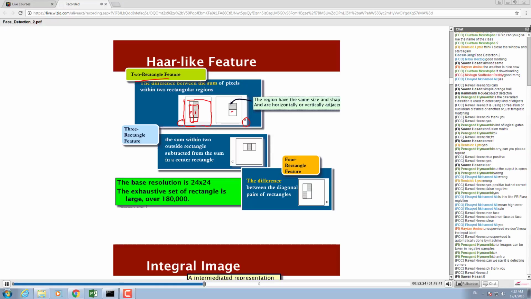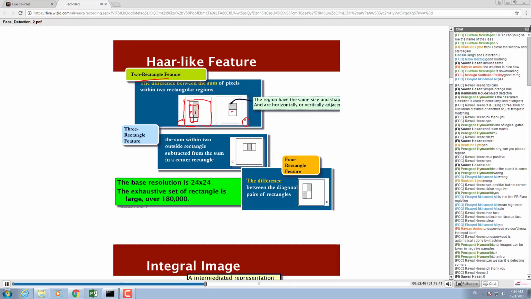The sum of the white region may have a large value, and the sum of the black region may also have a large value, if the brightness of every pixel inside every region is the same.